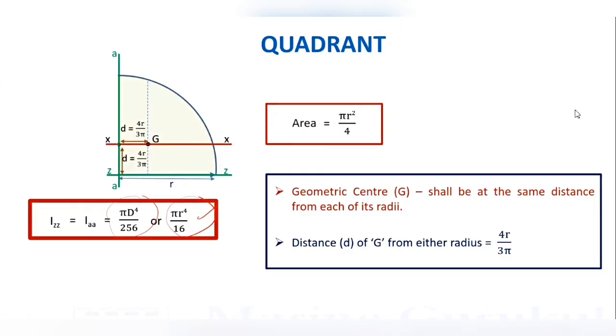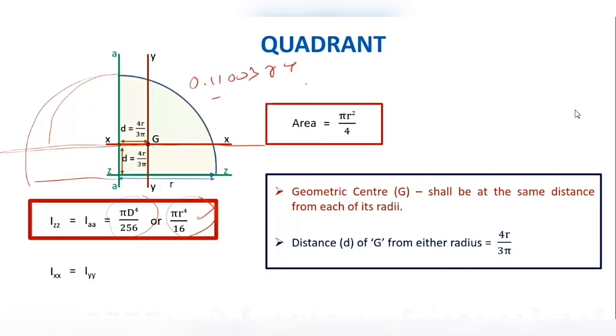Now, that can be either this axis, x, or that can be y. See, the way area is distributed about xx, same way it is distributed about y. So firstly, moment of inertia about xx and y shall be same. And this is equal to, you don't have to mug up another formula. For semicircle, about this axis, it was 0.11003 r raised to power 4.